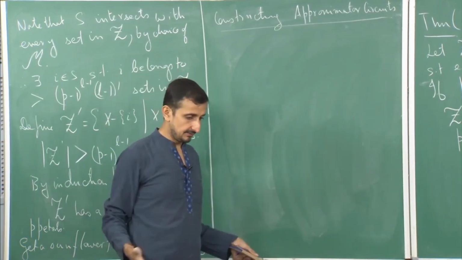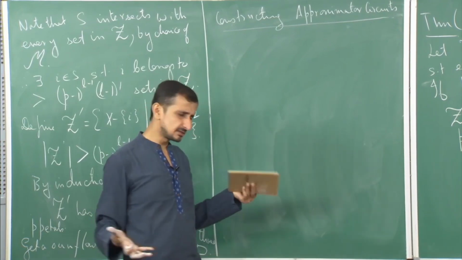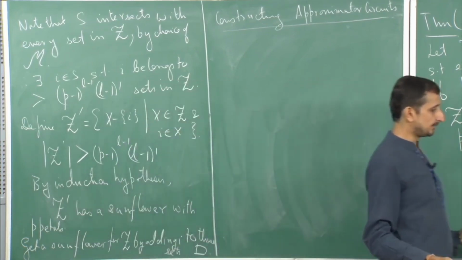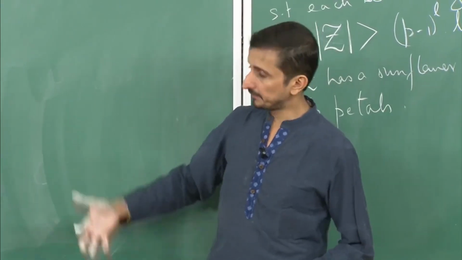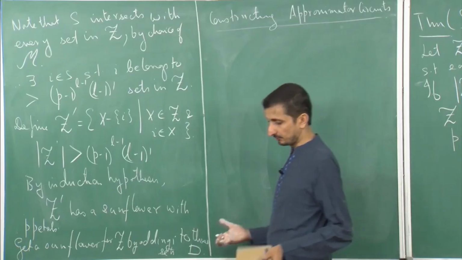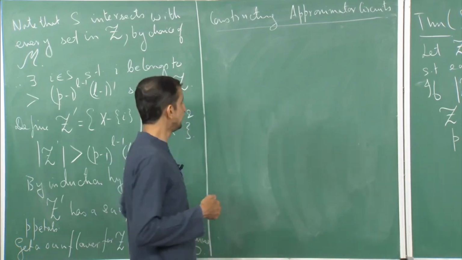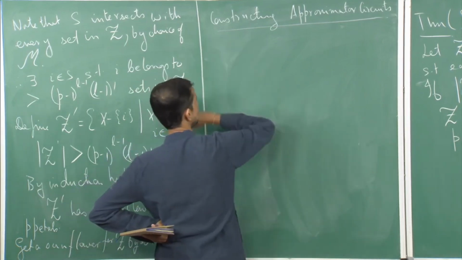We have our initial circuit C. We'll build an approximator for any monotone circuit, and we start with the bottom, that is, we start with the input gates and then we will move ahead.